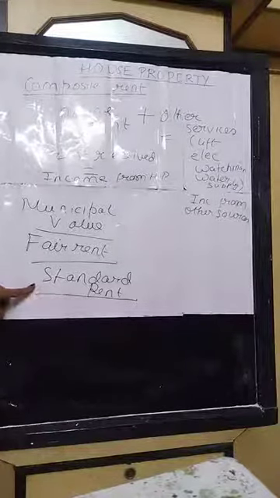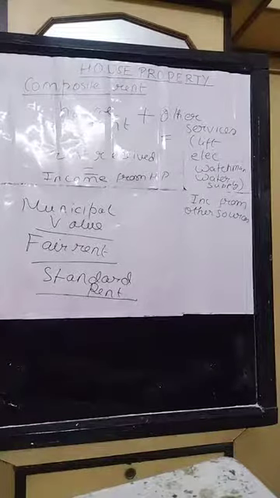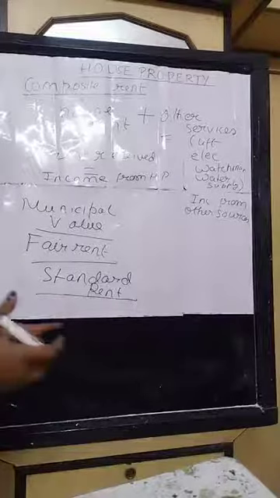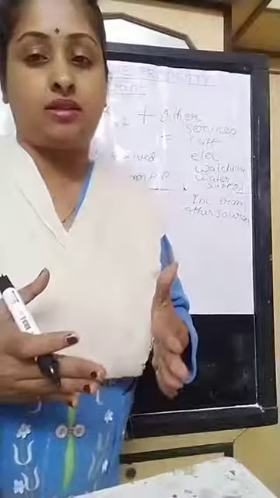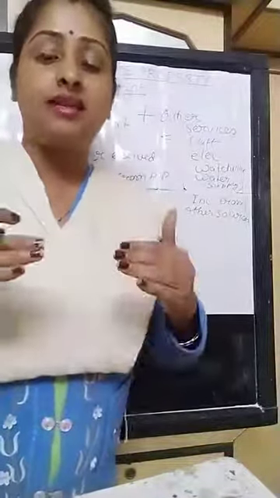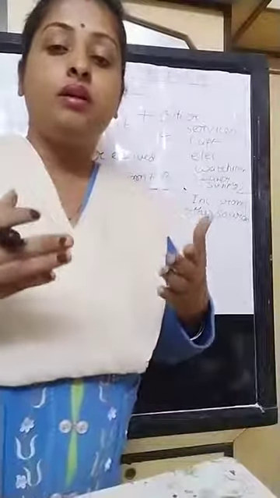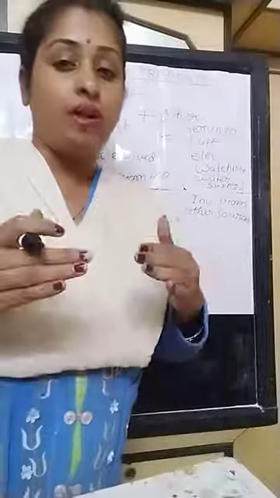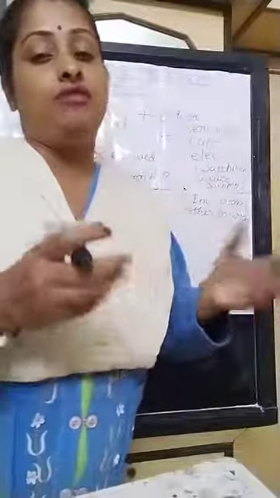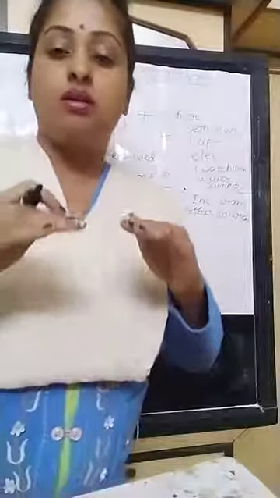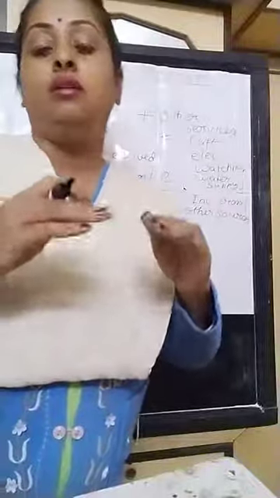But this reasonable rent is determined by the Rent Control Act. The Rent Control Act decides a limit, following which a property can fetch an income. So standard rent is the reasonable rent set by the Rent Control Act.